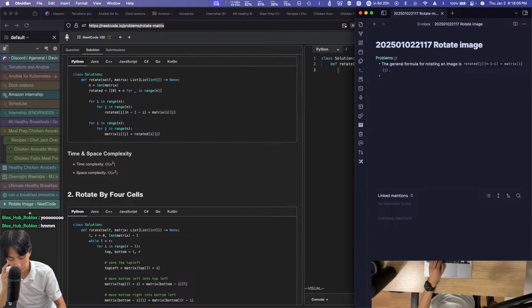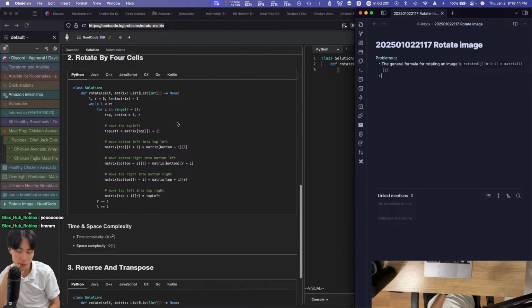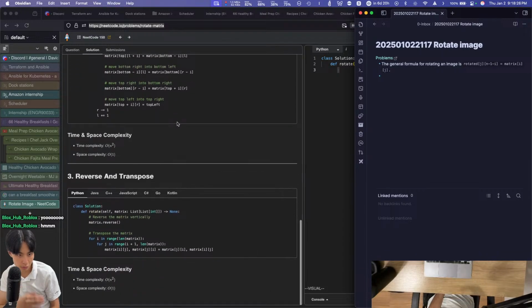We get it. Alright. Cool. And then the rotate by 4 cells option. Because it's a square, that's why you can rotate by 4 cells. Sure. That'll be something I can figure out.